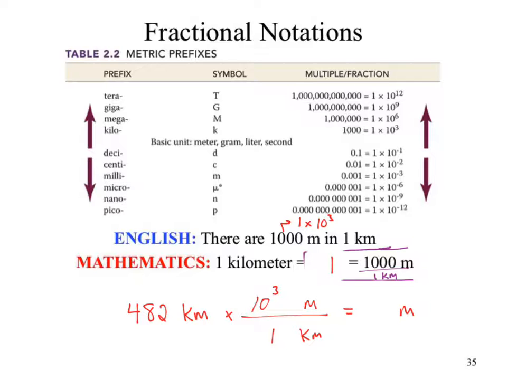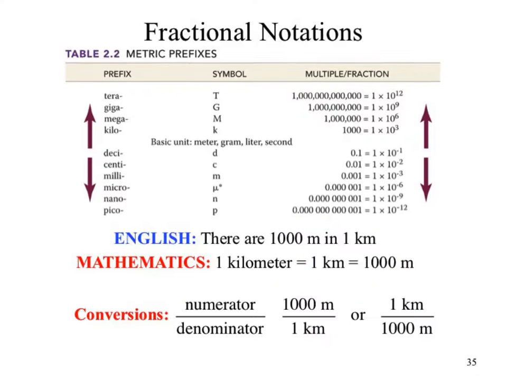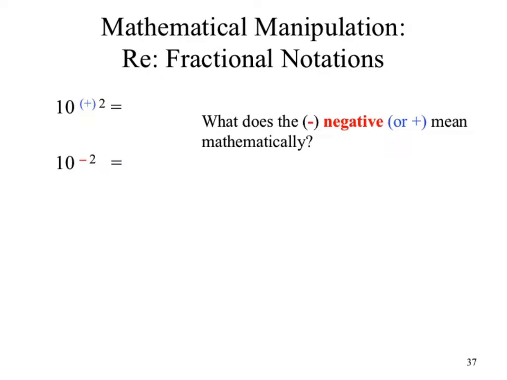Do I need to have meters on top? No. I could have solved for 1 the other direction. It's still 1. It's just a question of how I decide to use it in the context of the question I'm setting up. Okay? There's a whole bunch of examples through that, so we're just going to skip through that. Okay.